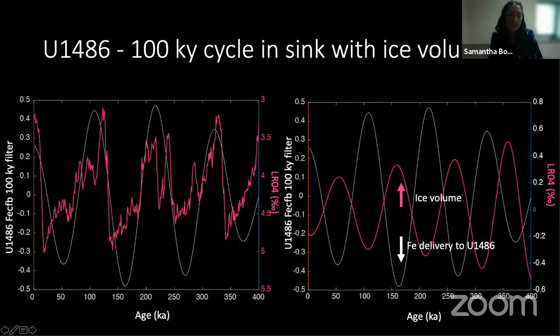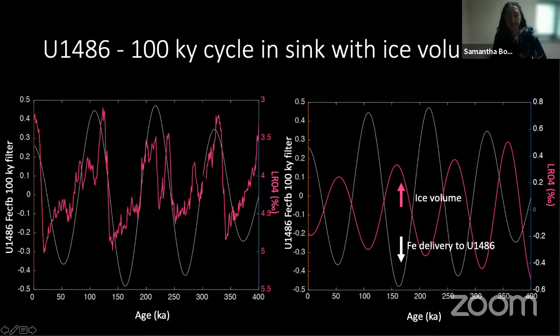But this is not the case actually at 1486, which is further offshore. So the bathymetry drops and then it rises again, and that's where 1486 is. So instead of the iron supply being in line with changes in sea level rise and fall, it's in line with the maximum in the benthic delta-18O record.